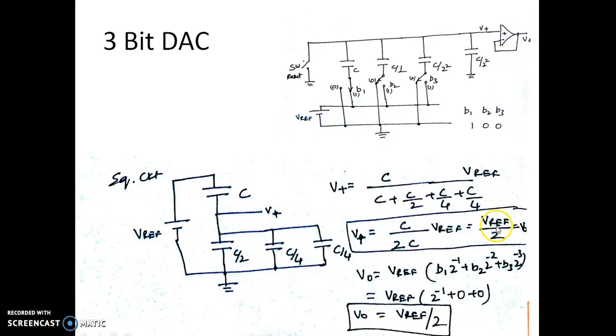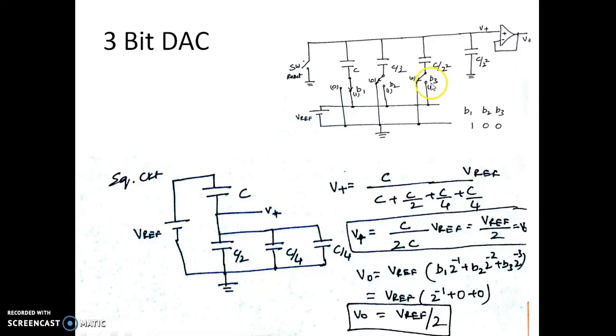So we have V naught equal to V reference by 2, which we can certainly get using this expression also, where V naught is given by V reference into B1 into 2 power minus 1 plus B2 into 2 power minus 2 plus B3 into 2 power minus 3. Since bit B1 is 1, so this is 1 0 0, so these two bits are 0 0, so we have only 2 power minus 1, so V reference into 2 power minus 1 is nothing but V reference by 2. So this way we can get the output voltage as V reference by 2, which corresponds to B1.